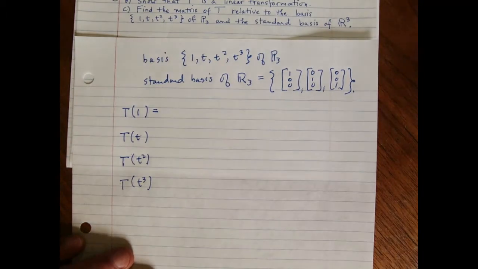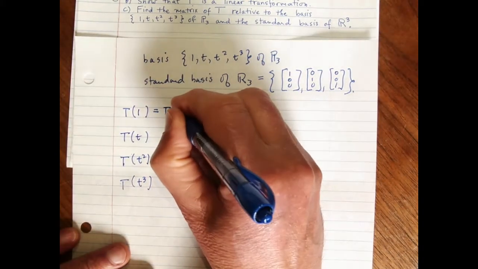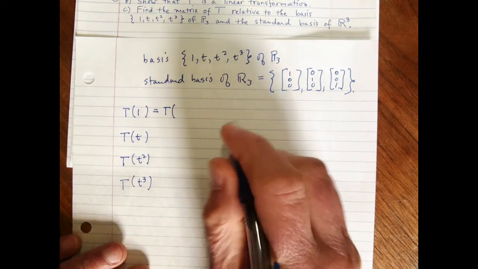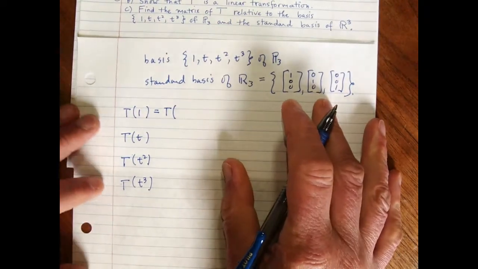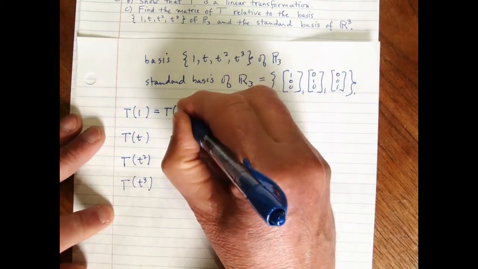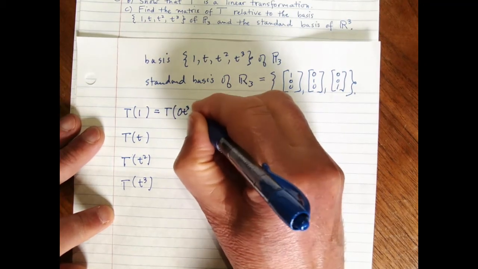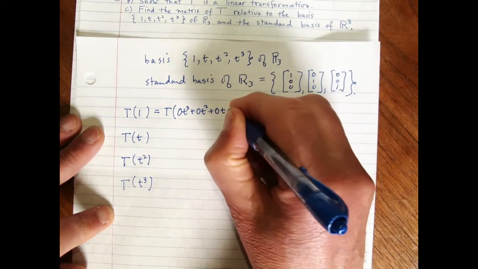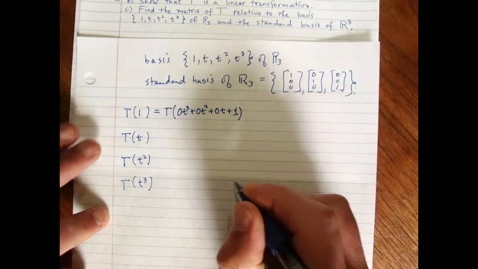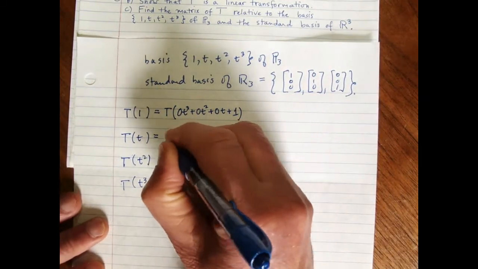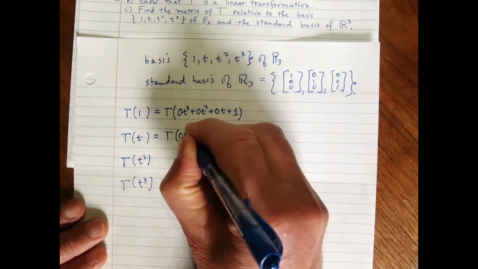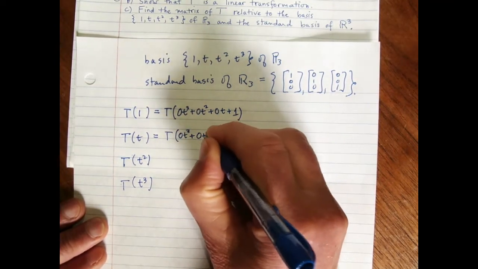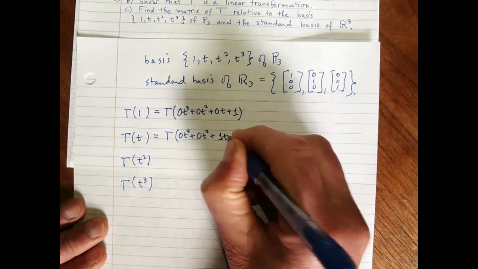So what is 1? 1 is just the polynomial you could call 0t cubed plus 0t squared plus 0t plus 1. Just like t is 0t cubed plus 0t squared plus 1t plus 0.